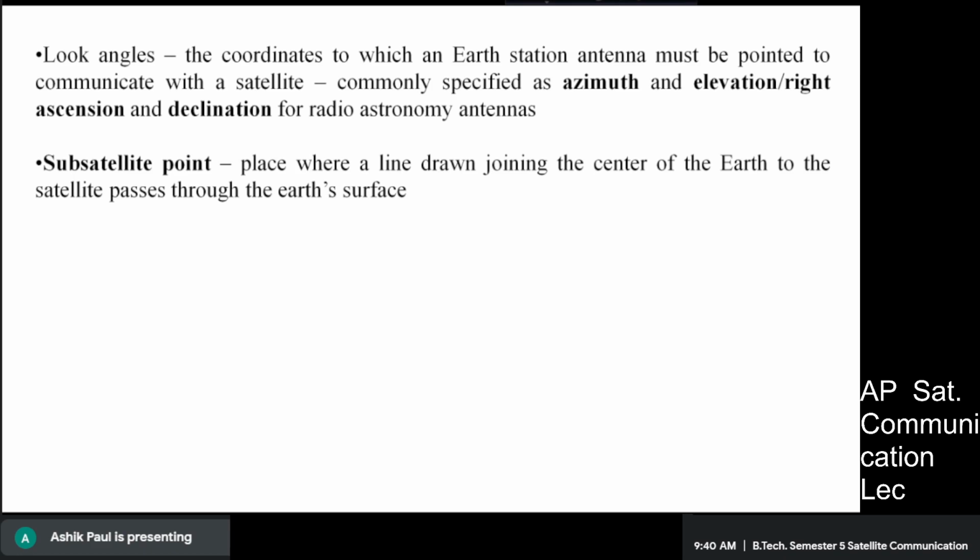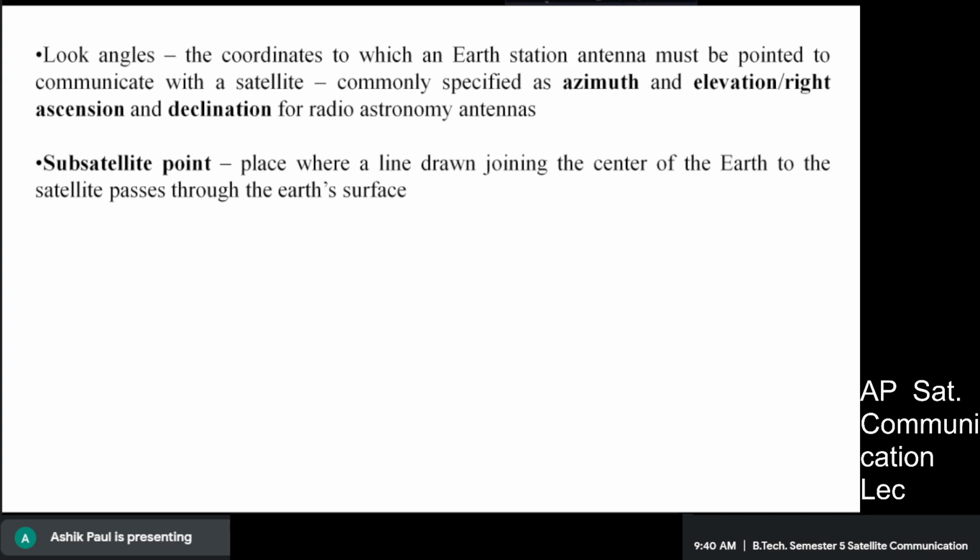For signals where they are trying to receive signals from radio stars, they use that kind of convention, but it's more or less the same. Then, in case of satellite communication, of course, we use the elevation and the azimuth.